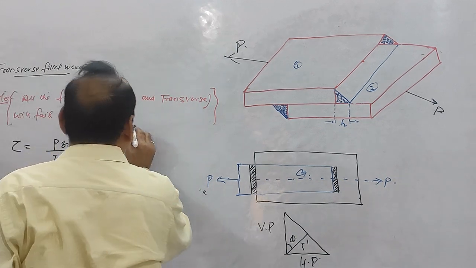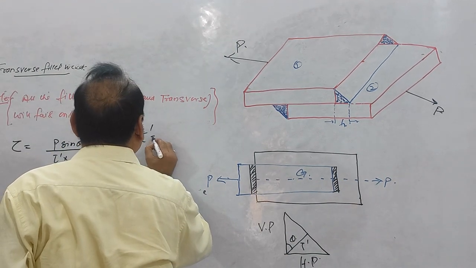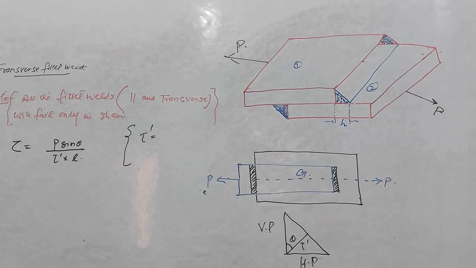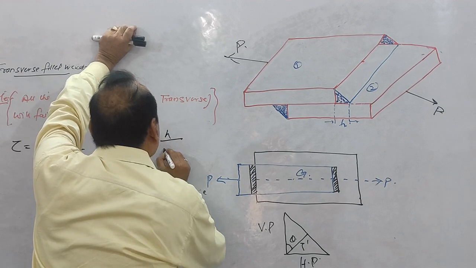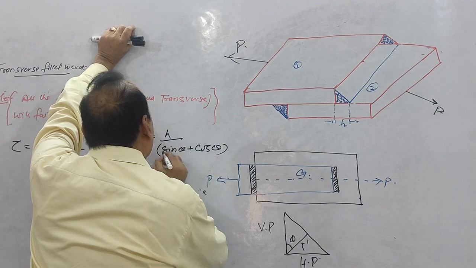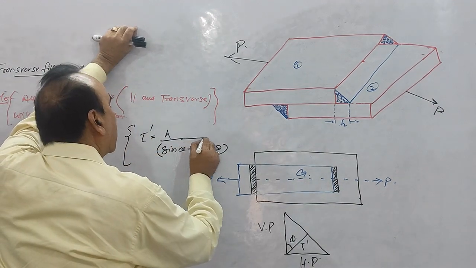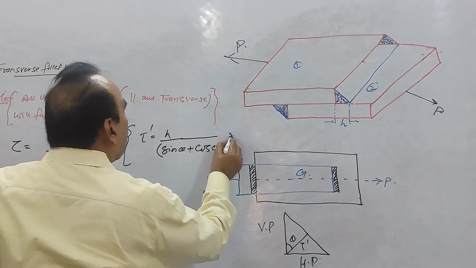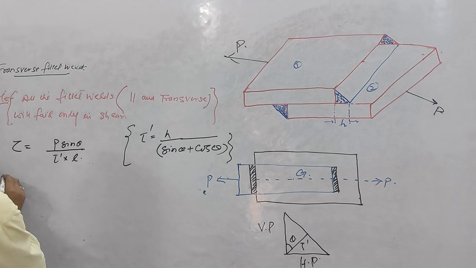Now see, in the equation I derived earlier, I had calculated the value of T dash. What is the value of T dash? T dash is equal to H divided by sin theta plus cos theta. In the derivation I did earlier, I found this value of the minimum throat thickness: T dash is equal to H upon sin theta plus cos theta, right? So substitute the value.